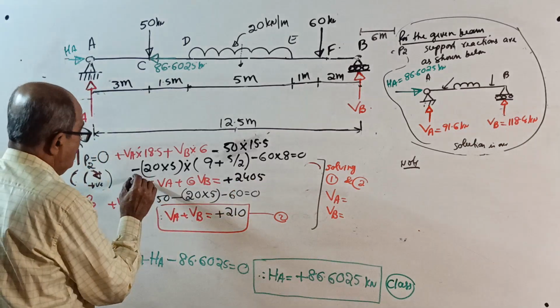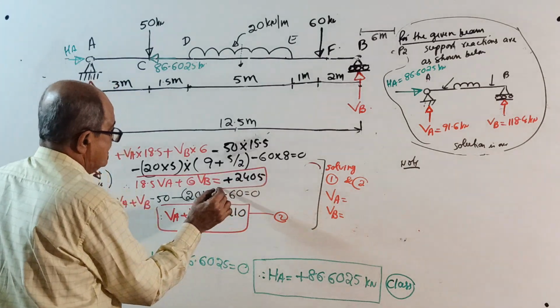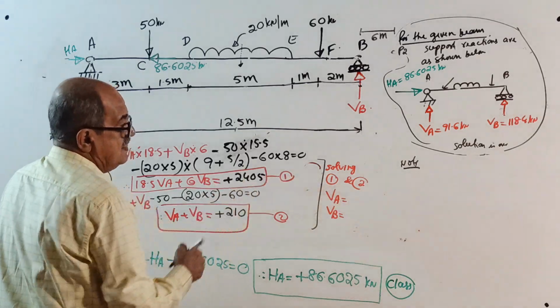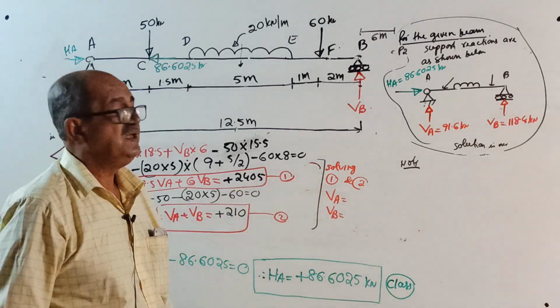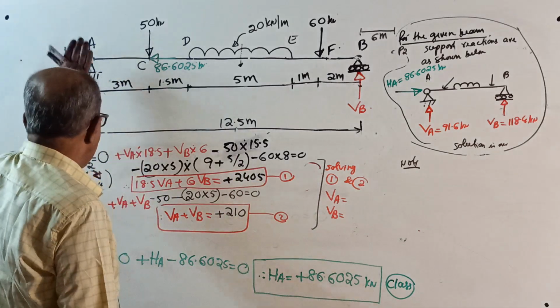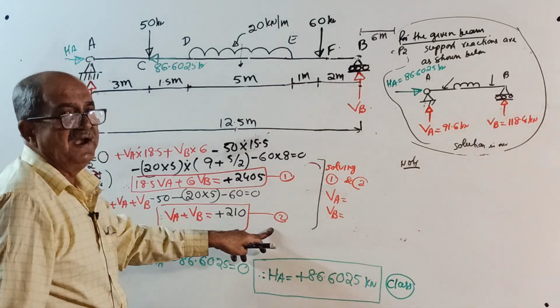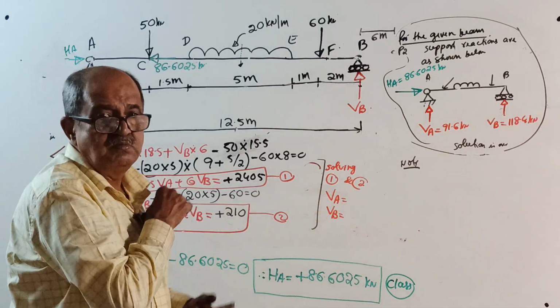Call this equation number 1. Next, apply sigma V 0, plus VA plus VB minus all the load equal to 0. You get second equation, solve 1 and 2.